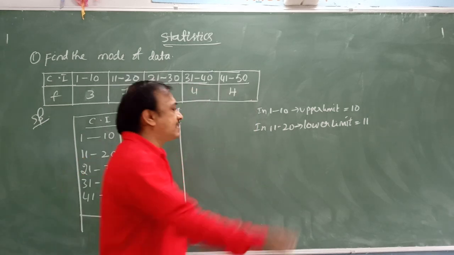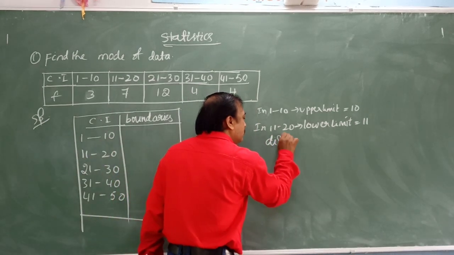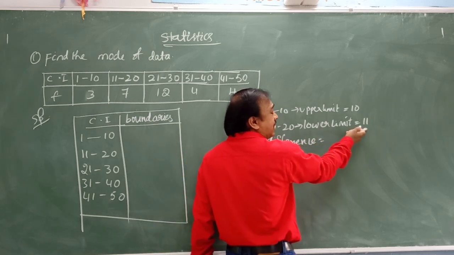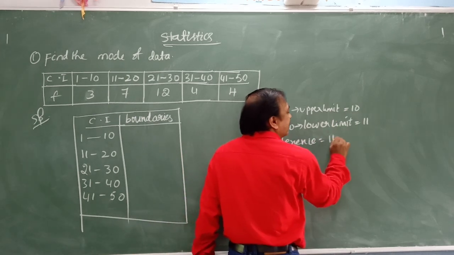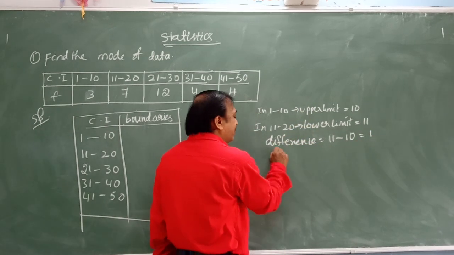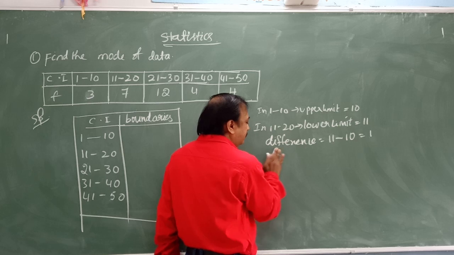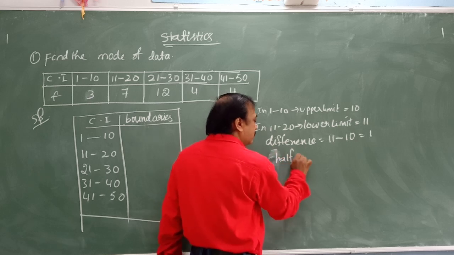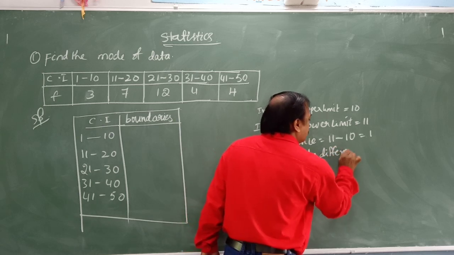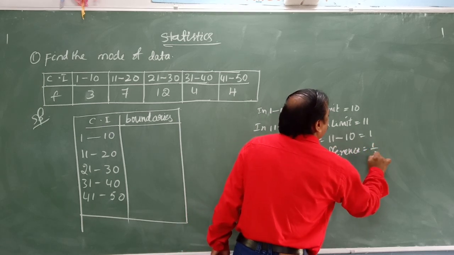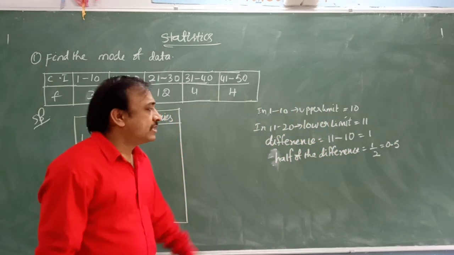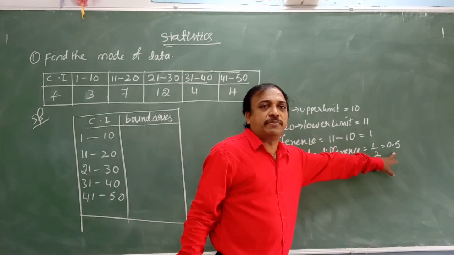So the difference is 11 minus 10, which is equal to 1. Half of the difference is equal to 1 by 2, which is nothing but 0.5. So we got 0.5.